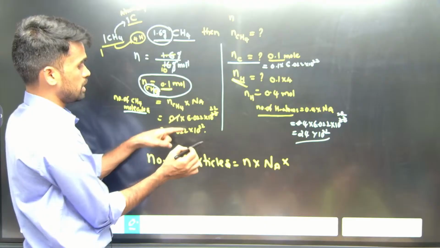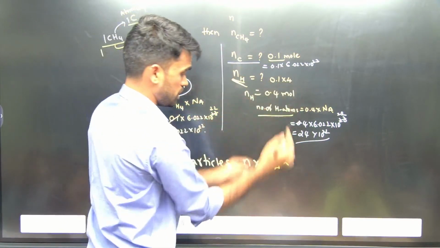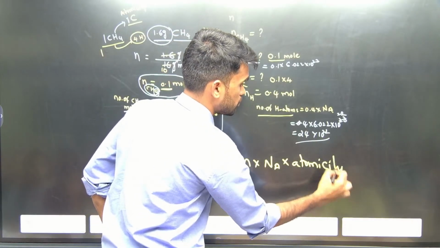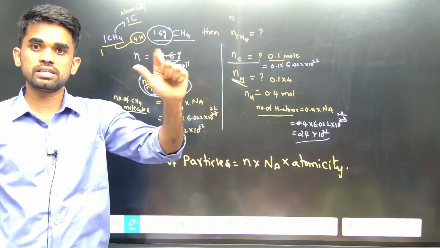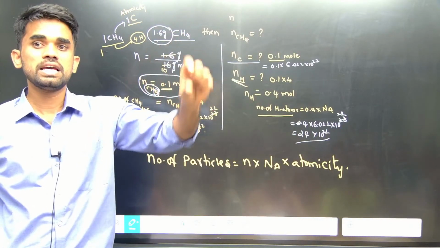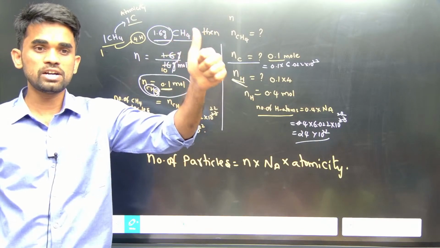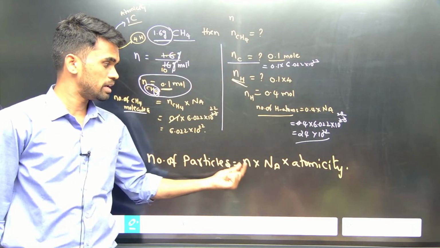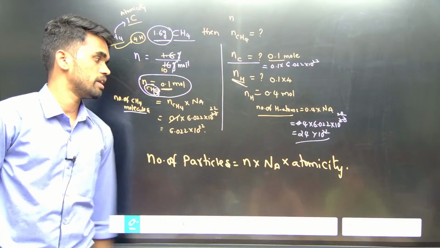Here I am using 1 carbon atom, here I am using 4 hydrogen atoms. So this is our third formula. The first formula is weight by molar mass, which gives the number of moles. The second formula is for the given number of particles. The third one is number of particles equals n into Avogadro number into atomicity. Okay, that's it. You can write this.